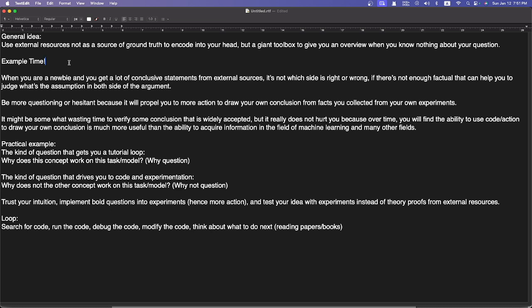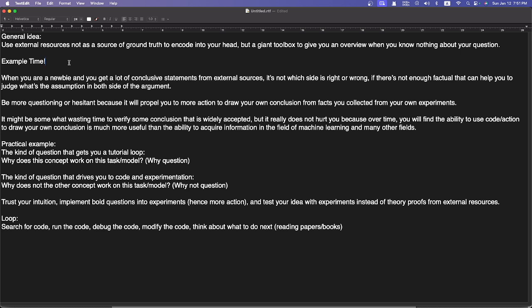But then comes the question: for someone who has just started in this field, a newbie in this whole machine learning stuff, how can you question? How can you not have the bunch of information I just gave to you? There probably won't be a lot of people showing you the actual assumptions happening under the hood.